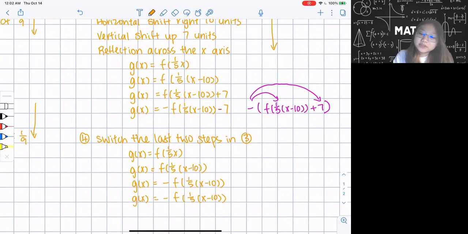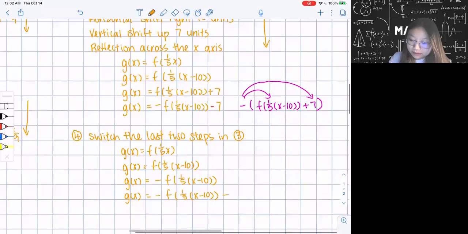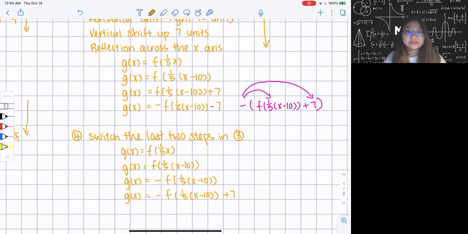And here I'm shifting up 7 units at last, so I'm plus 7. In this case, my negative sign doesn't have an effect on this 7 because I already put the negative sign there. When I plus 7, you just plus 7. It doesn't matter with the negative sign. However, if I put my reflection after the shift, then the shift is affected by the negative.